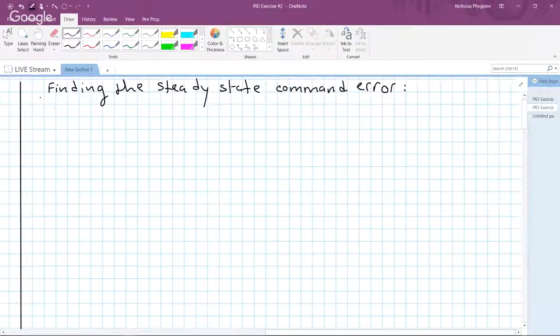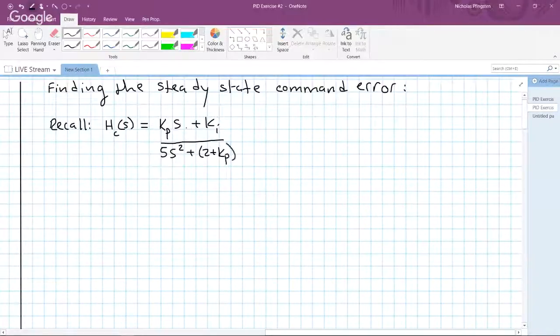So let's recall that our steady state, well, not steady state, but our command transfer function, control command, whatever you want to call it, is Kp times S plus Ki all over 5S squared plus (2 plus Kp) times S plus Ki.